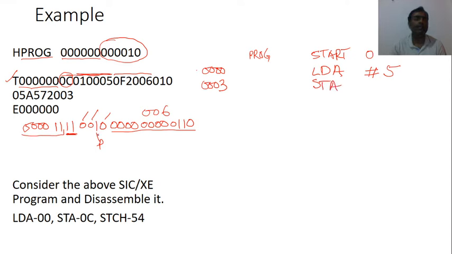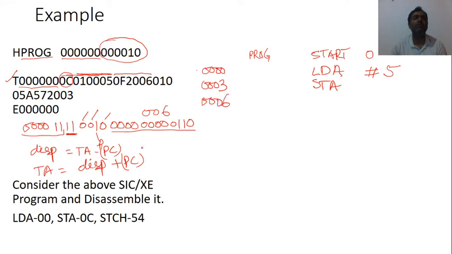Now there is PC relative addressing, and we know that the displacement is equivalent to target minus the content of PC. Our task in this case is to find the target address. So our target address will be equivalent to displacement plus the content of PC. We know that the value of displacement is 006, and if I am writing the instruction at 0003 and this is a 3 byte instruction, then the next address will be 0006.